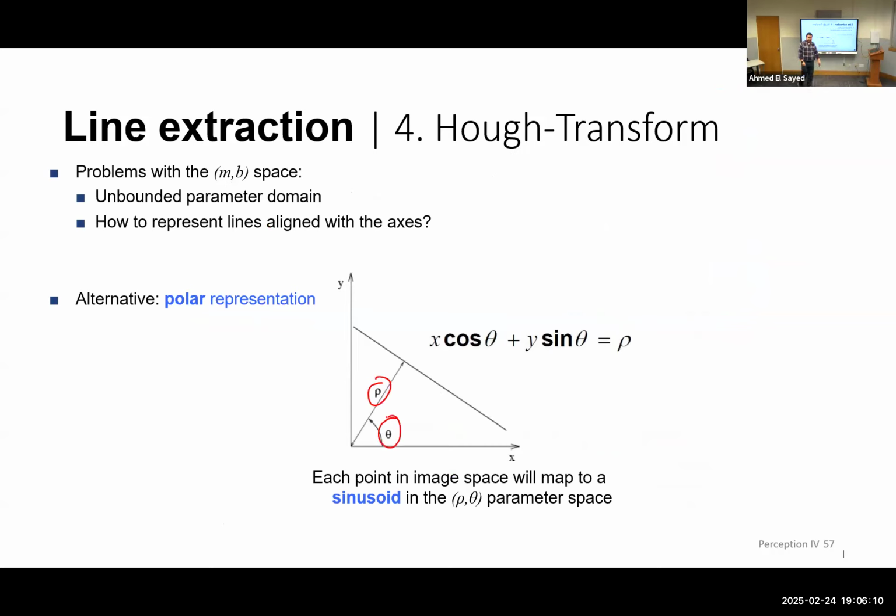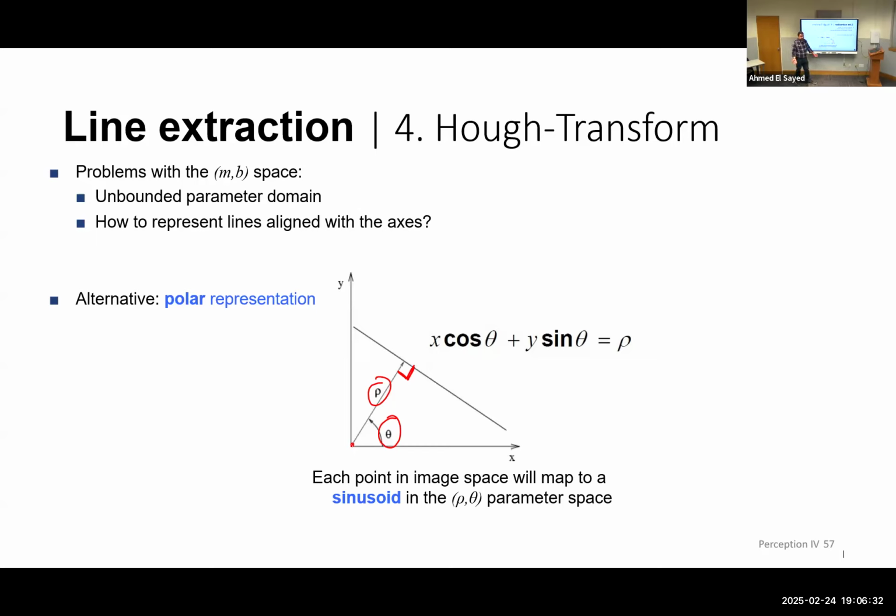What is rho and theta? Rho is the perpendicular distance between the origin and that line. And theta is the angle of this perpendicular distance.